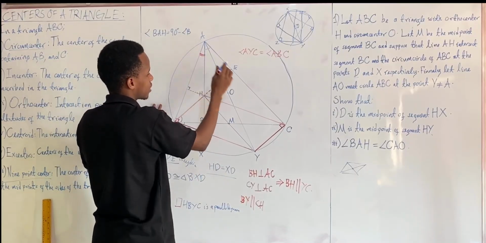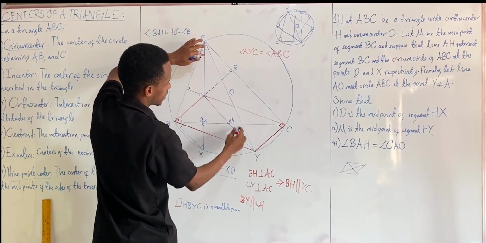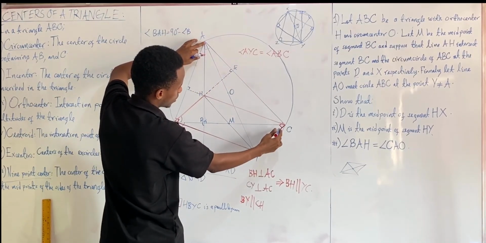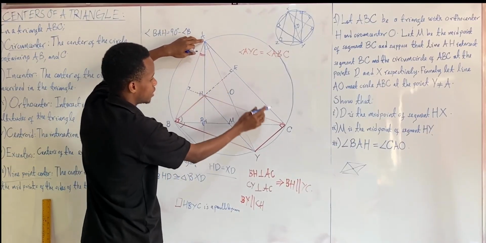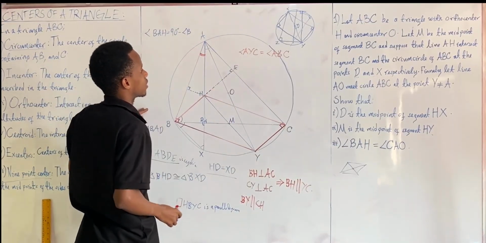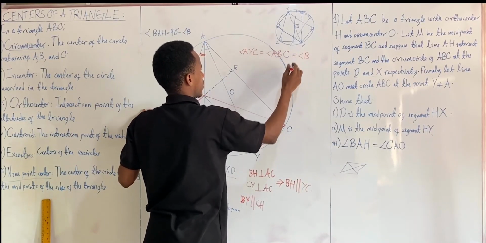Why? Because the points A, C, Y, and B lie on the same circle, so the angle subtended by the arc AC at the point Y will be the same as the angle subtended at the point B, right? Because they are cyclic. And so you have this result just the same as the angle B.